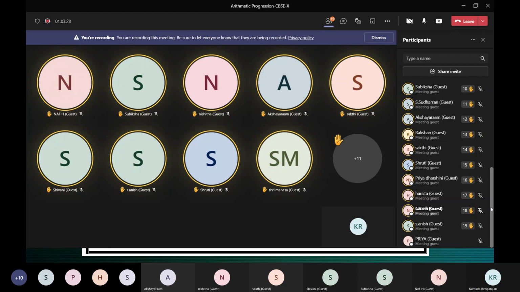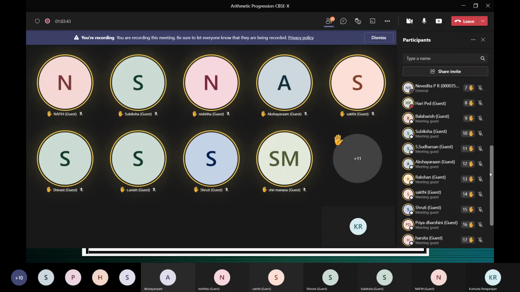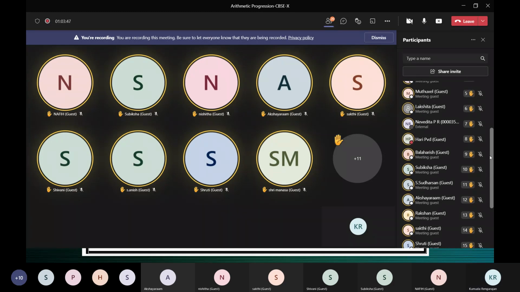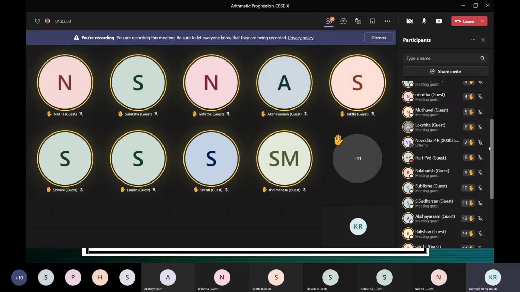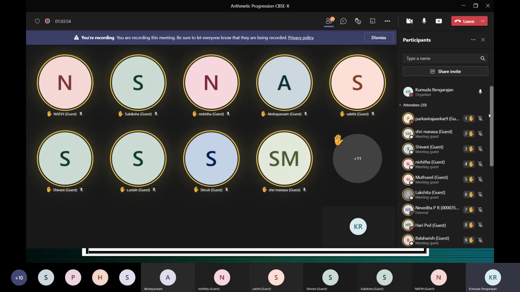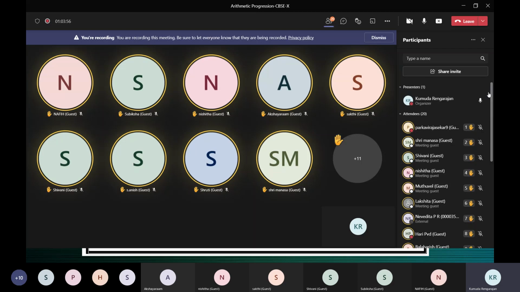Anish, Nafi, Harshita, Priyadarshini, Shruti, Shakti, Rakshan, Akshay-Ram, Sudarshan, Subiksha, Balaharish, Hariharan, Nivedita, Lakshita, Muttuvel, Nishita, Shivani, Manasa and Parkavi.